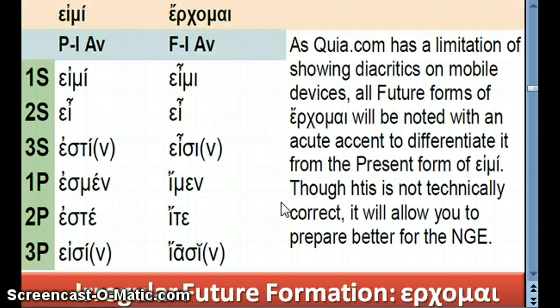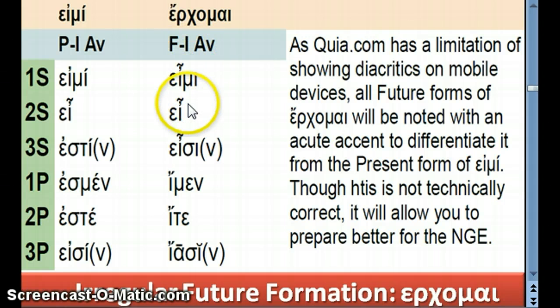Now, the one thing we do need to stress out with, just for fun, is Amy, which is the present indicative active of I am, and looks like, in many forms, the future indicative active of Ericomai. It's super irregular. The only difference for the first two forms, I am and you are versus I will go and you will be, is going to be a circumflex.